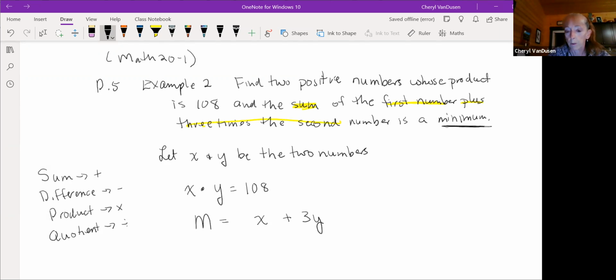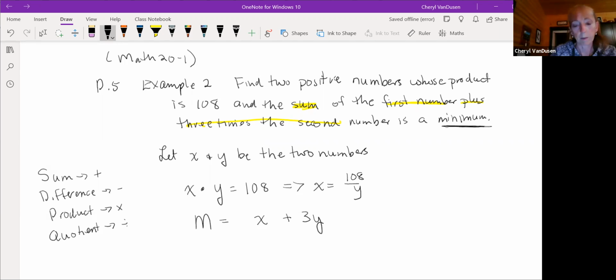What we're going to do now is try to get an equation with one variable on the right-hand side, like a quadratic equation. It doesn't really matter which letter, the x or the y, that we solve for. I might as well do what they've done in your booklet here. So they take the x and they have 108 over y.